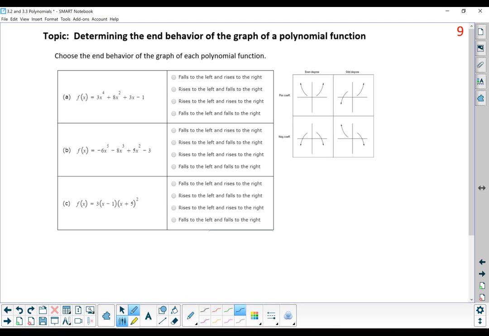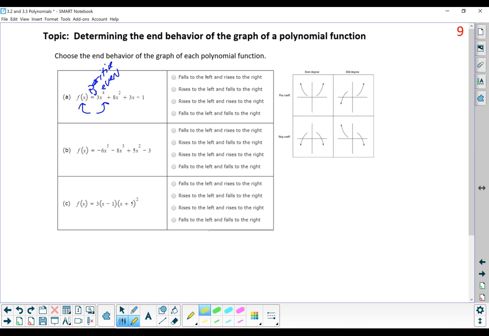So this is an even degree, and it is a positive coefficient. Positive even. So even means that both ends are going to be the same, and positive means that they are both going to be going up. So this categorizes it with left hand first.